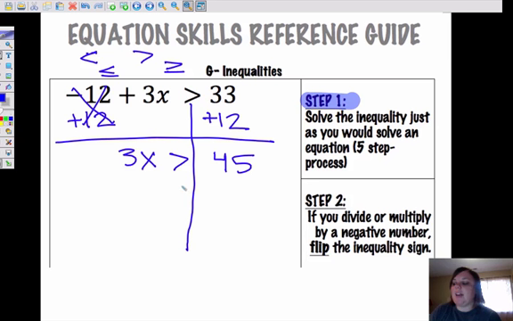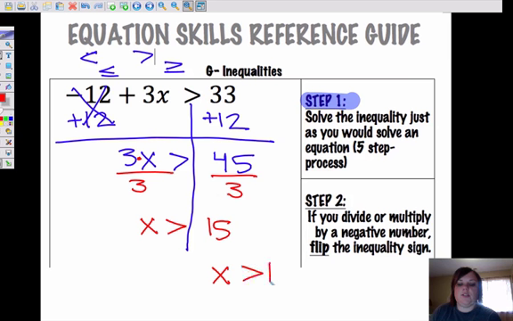Then I'm down to that last step of undoing the multiplication by dividing. I have 3 times x, so I need to divide by 3 to eliminate that. Divide this side by 3, and I'm left with x is greater than 15.